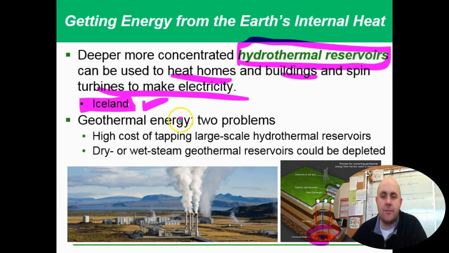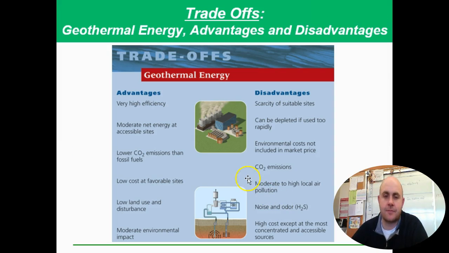Now there are two major problems with that. It costs a lot of money to tap into these big, huge things underground. The other thing is we can really deplete the amount of, because we're using steam a lot of the times here, we can deplete that system over time and it can become less efficient and work less well.